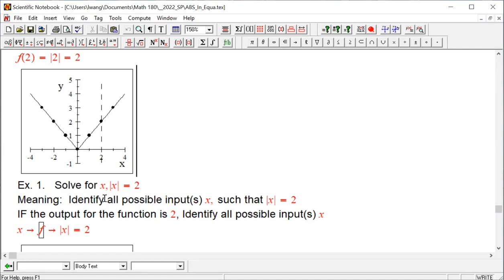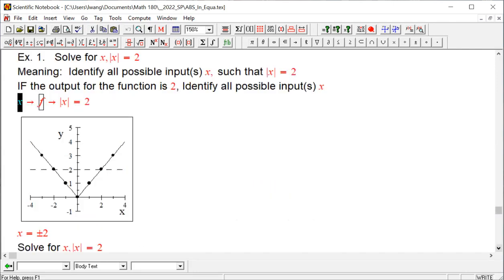It means that given the output equals 2, we're looking for all the possible inputs. We may have inputs such that the output equals 2, and we want to find all of them. We're going to discuss all these different cases.